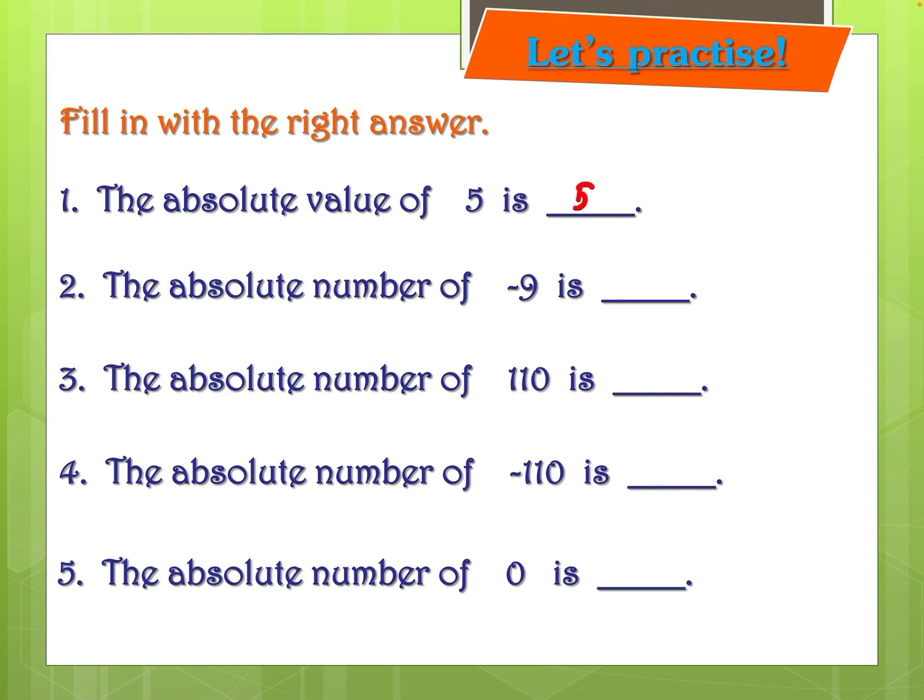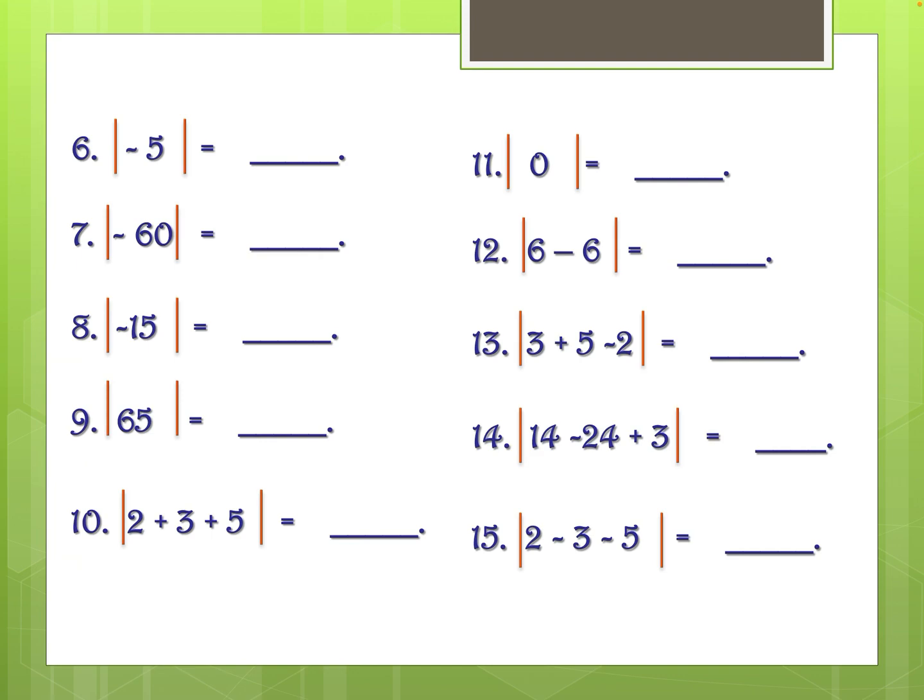Absolute value of 5 ก็เป็น 5, absolute value of negative 9 is 9, absolute value of negative 110 is positive 110, absolute value of 0 is also 0. So you can write something like this. You have to do it by yourself first before you check the answer.